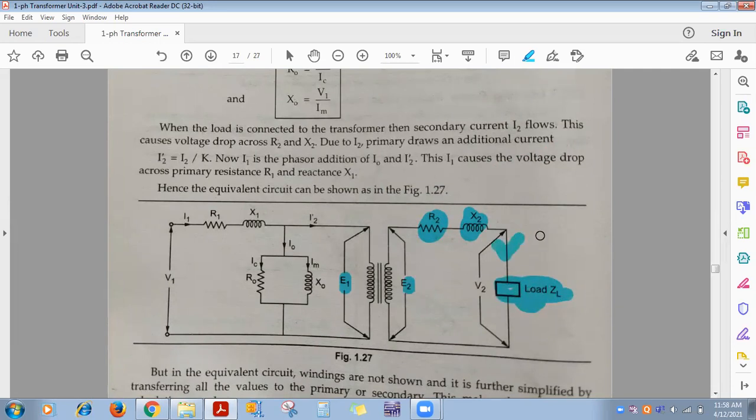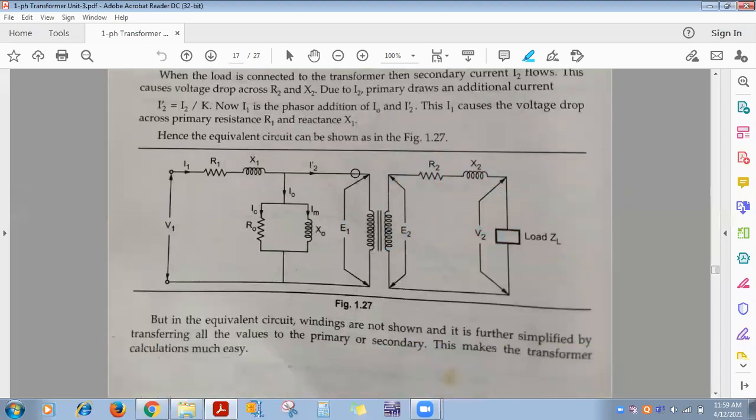Here the current is not shown, that also you have to show in the equivalent circuit. I2 is the current flowing through the secondary winding, and the same is the total load current, and the voltage across the load is V2, which is equal to VL. So this is the equivalent circuit of a transformer. Any difficulty with this? All parameters clear in the equivalent circuit?